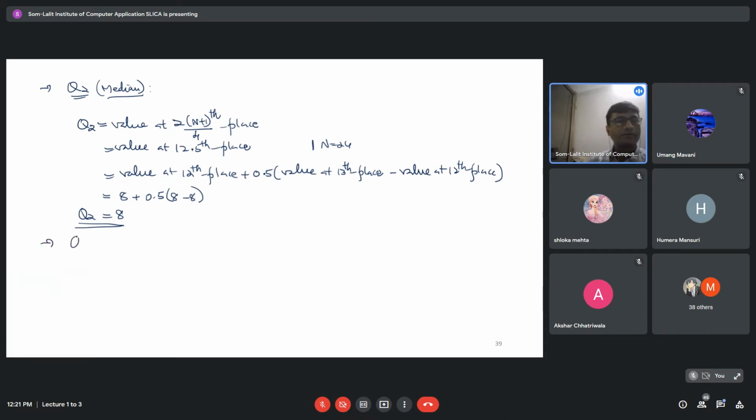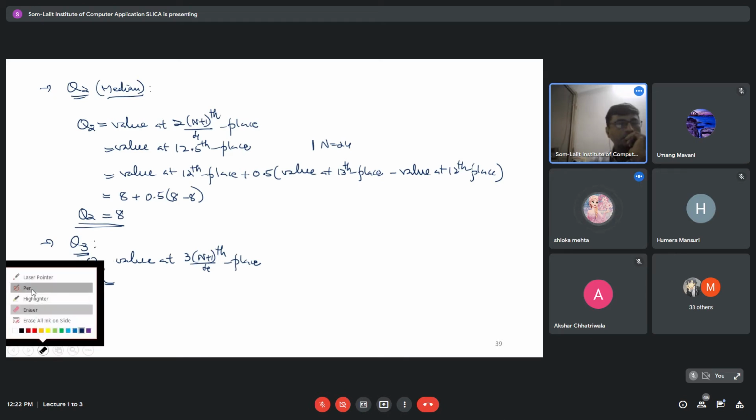For Q3, the third quartile or upper quartile, the value at which place? Value at 3 into (n plus 1) by 4th place. Okay? Or the position at this one. The value at this place. So what will you get from this? Let's calculate it and let me know. 18.75.